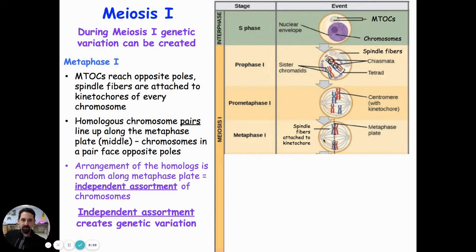Okay, we've got metaphase, and the same things happen as with regular metaphase. You line up along the middle of the cell just like before, but here's where we differ a little bit. Remember we separated the sister chromatids in mitosis, the two little pairs that were stuck together. Instead, those homologous chromosome pairs, let's say this is chromosome 1 from your mother, and this is chromosome 1 from your father.